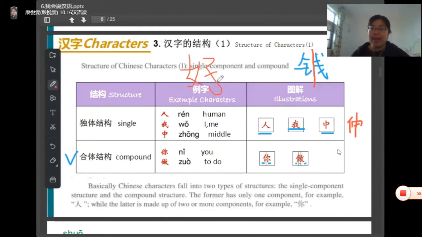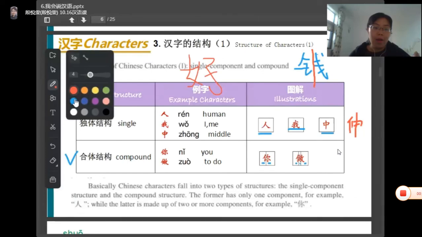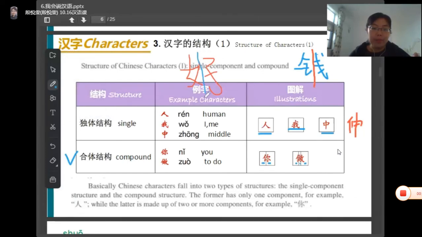In Chinese families, we think if there is a daughter and a son in our family, we will be fine. So 好 consists of 女 and 子. Here is part 1, here is part 2. There are two parts in this character, so this is a compound character.